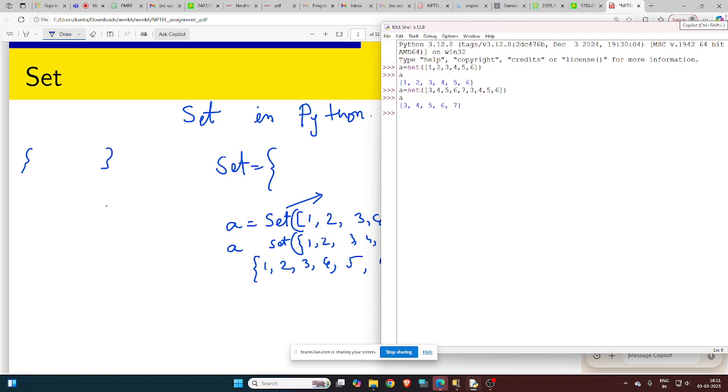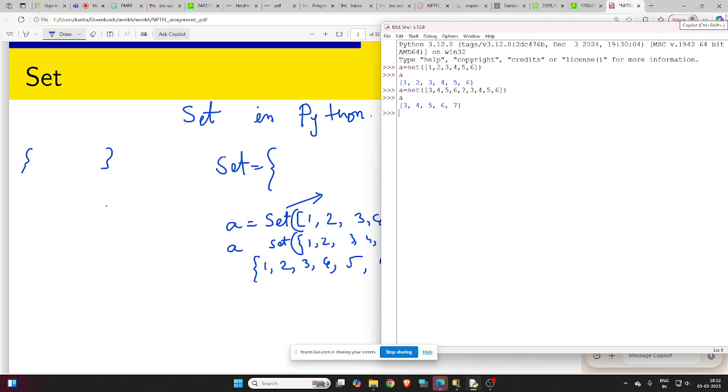It is showing these duplicate numbers only once. Here A was 3, 4, 5, 6, 7, 3, 4, 5, 6, but now when I print the value of A, it takes only one of each value. It will not repeat the duplicate numbers. It removes the duplicates from the set. This is a property of sets in Python.